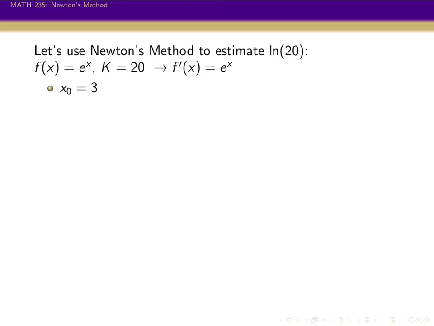And so that makes things simple. For our first guess, I'm going to guess x naught to be 3. I think that may be pretty close. Then we run this through, and x1 is going to be 3, which is coming from x naught, plus 20, which is coming from k, minus e to the third.